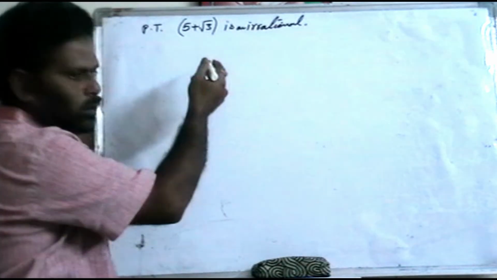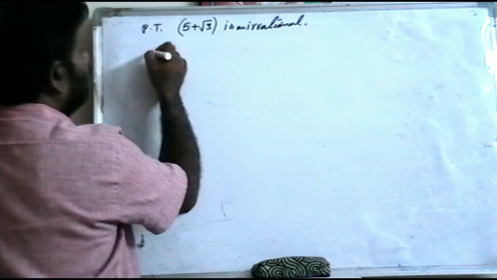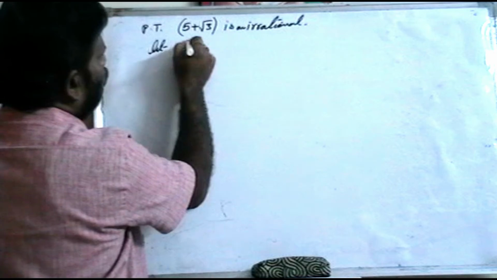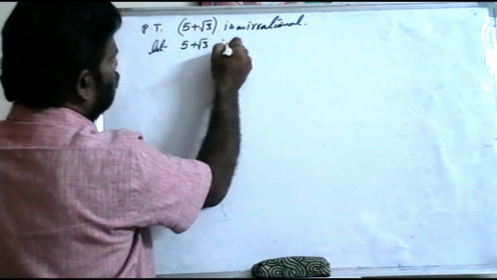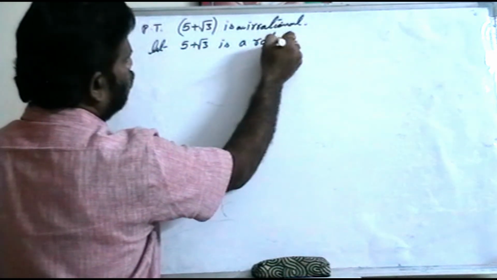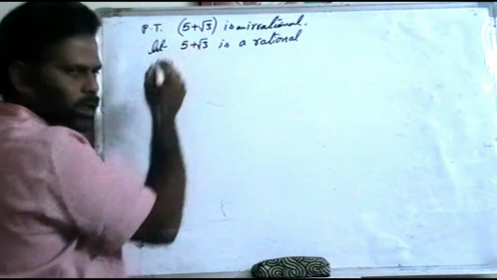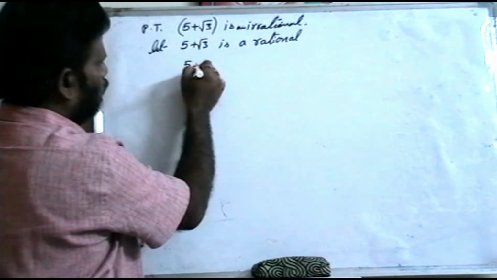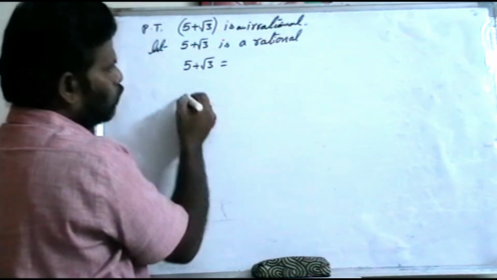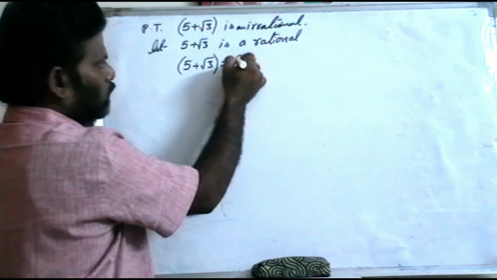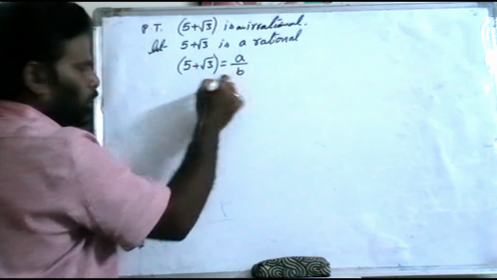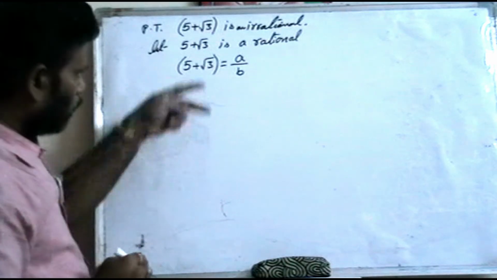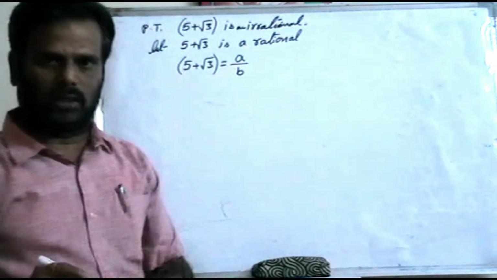Again, it is an indirect proof. Let us assume that 5 plus root 3 is a rational. If it is a rational, again it can be written in the form of p by q. Let it be a by b, where a and b are integers, where b is not equal to 0.